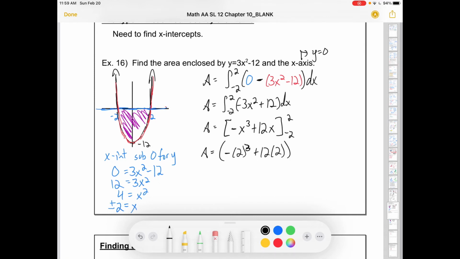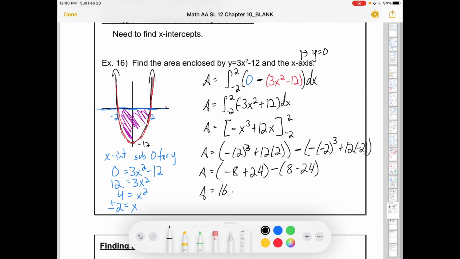Big F at 2 minus big F at -2: that's -2 cubed plus 12 times 2, minus -(-2) cubed plus 12 times -2. And that's going to give us -8 plus 24, minus +8 minus 24. Or 16 minus -16. Area should be 32 units squared.